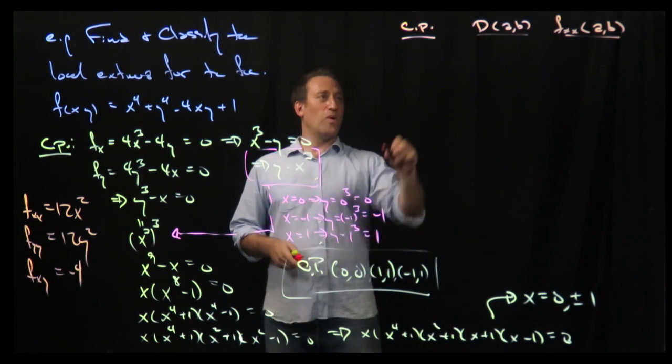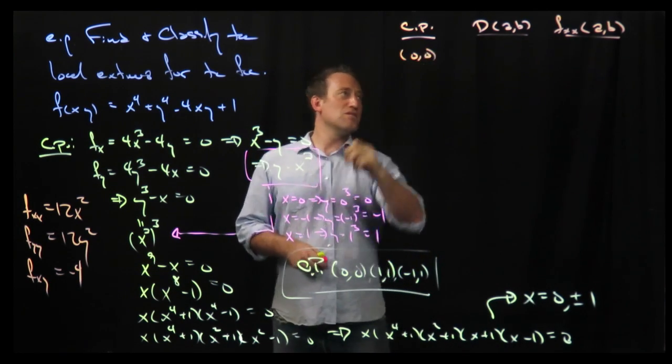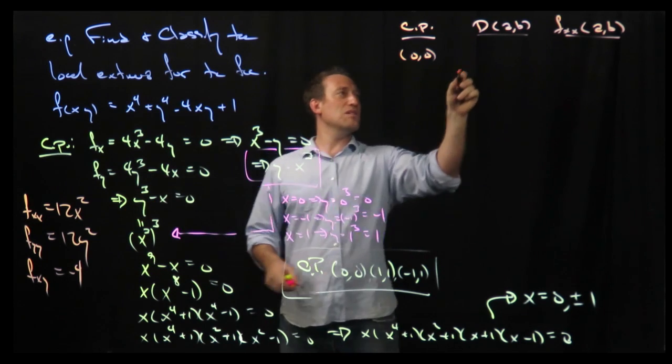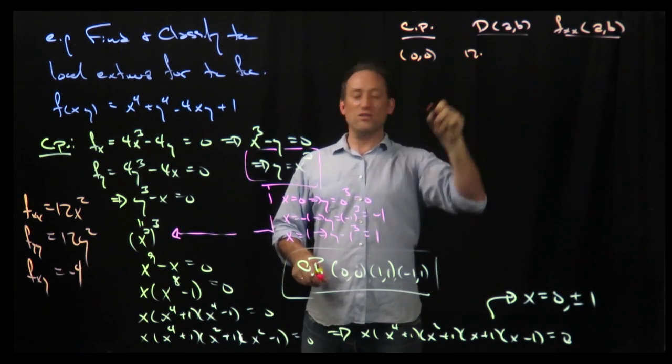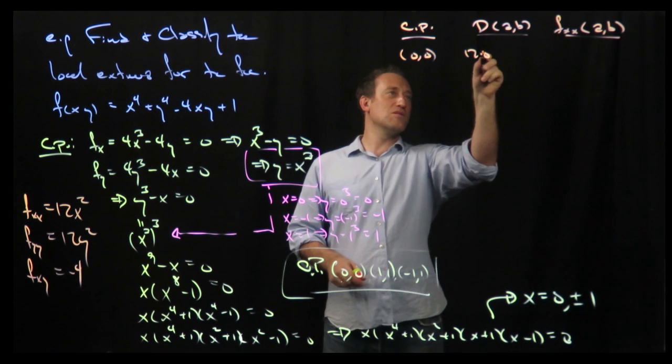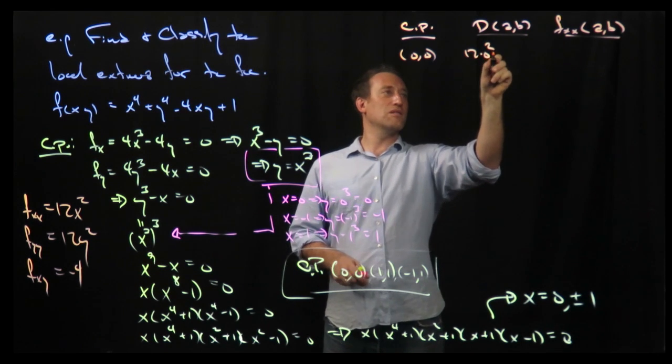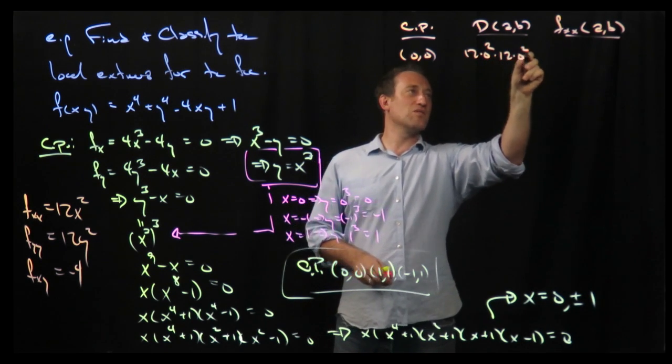All right, critical point (0, 0). Well, that will get me 12 times 0 squared times 12 times 0 squared.